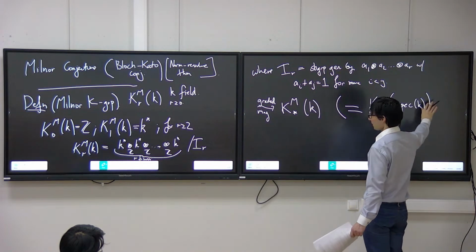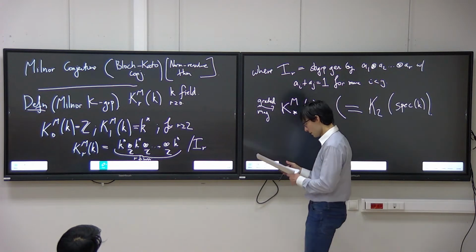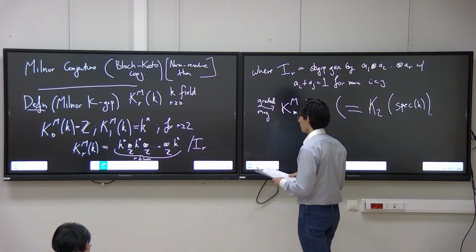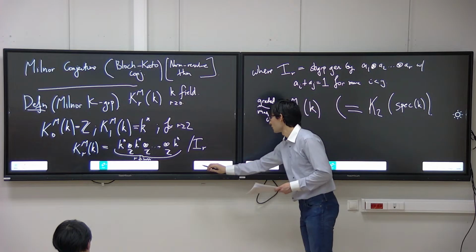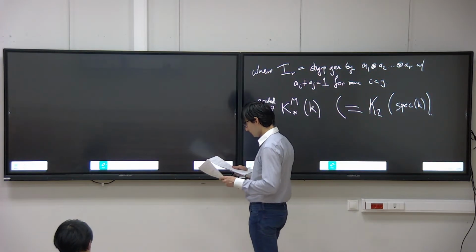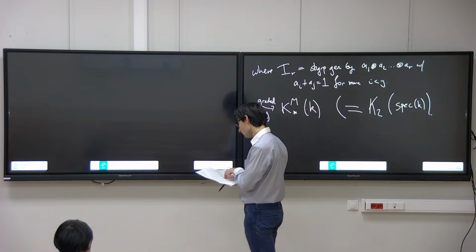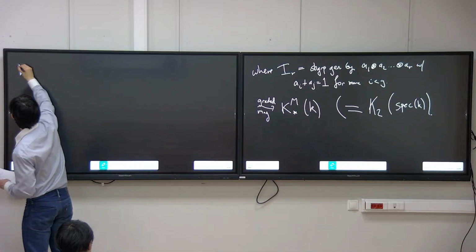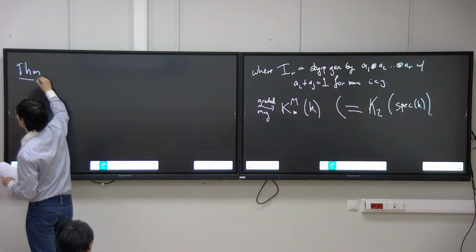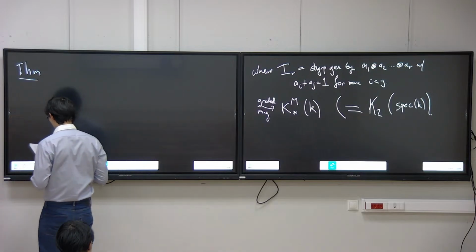Anyway, that's just motivation. You get this graded ring, and the conjecture is as follows. Well, it was a conjecture, but the proof was finished maybe 15 years ago. So it's a theorem now.